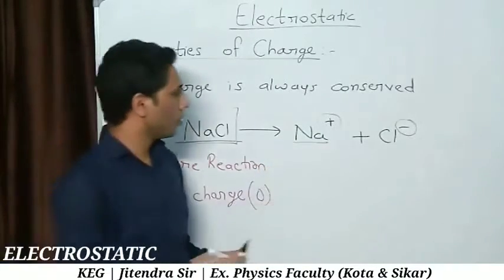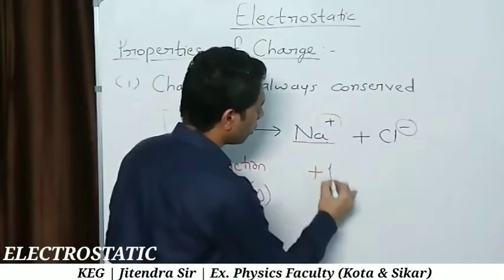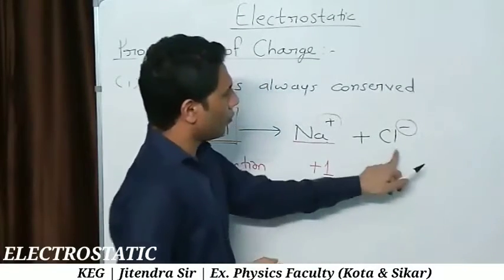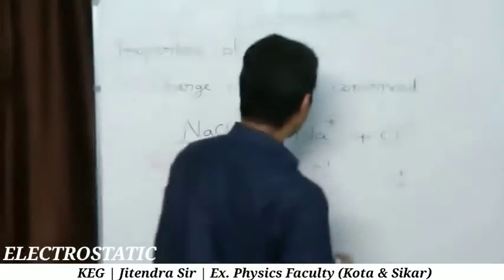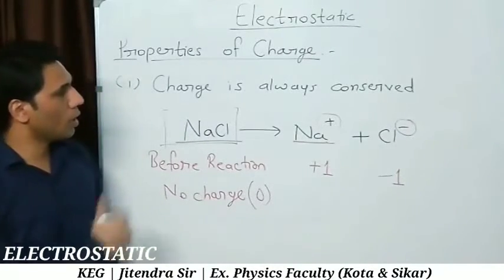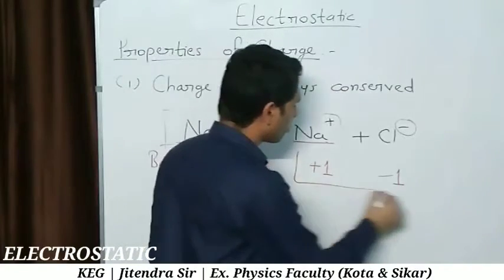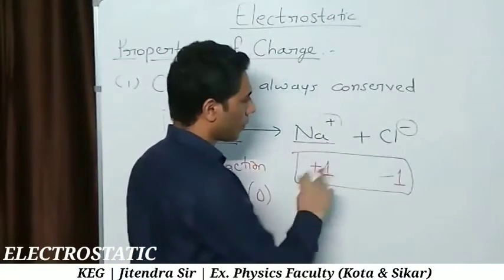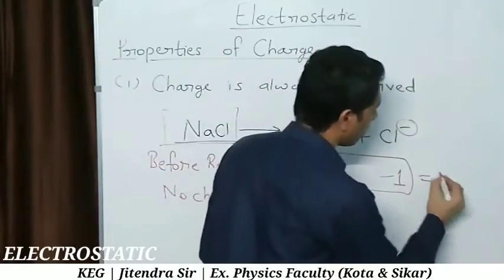After the reaction, Na has plus 1 charge. For Cl, we can write minus 1. So after the reaction, please tell me the total charge on the system. Plus 1 minus 1, so the total is 0.